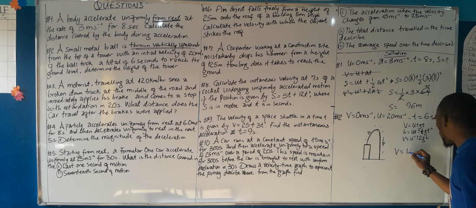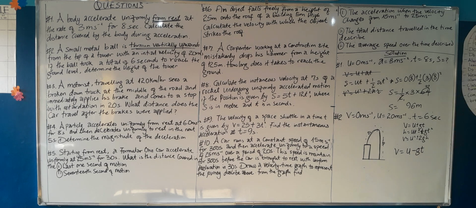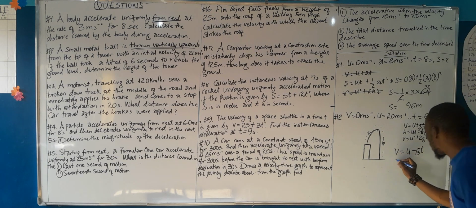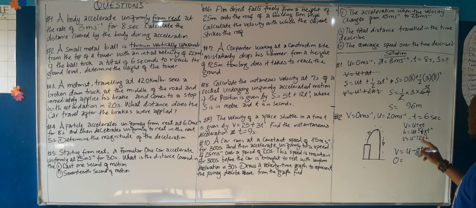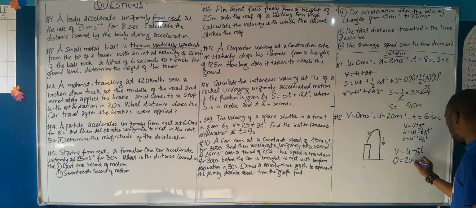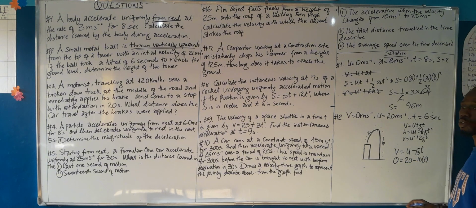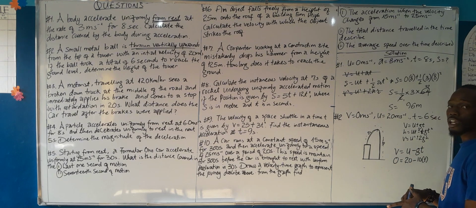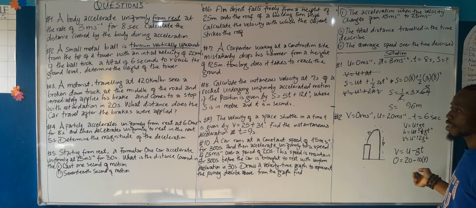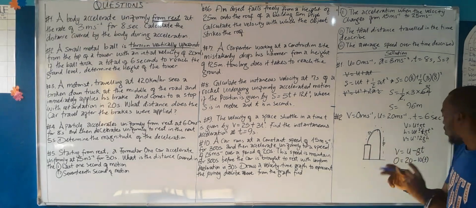V equals U minus GT. Vertical upward, V is 0, U is 20, minus 10t. For the sake of Midway tutorial, we always take G as 10 meters per second squared. Other institutes can take it as 9.81, except if otherwise stated.